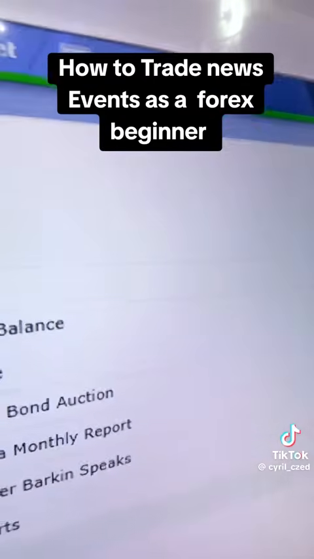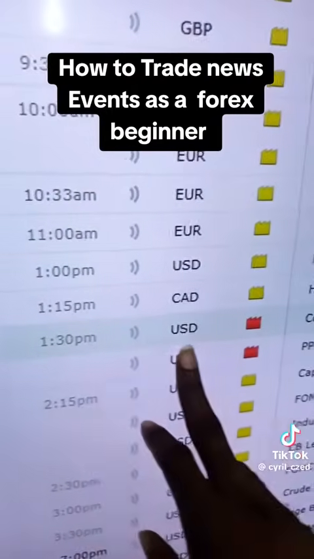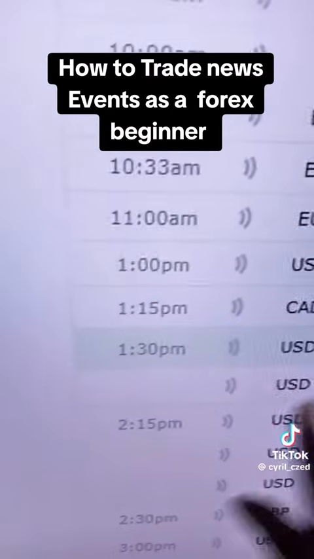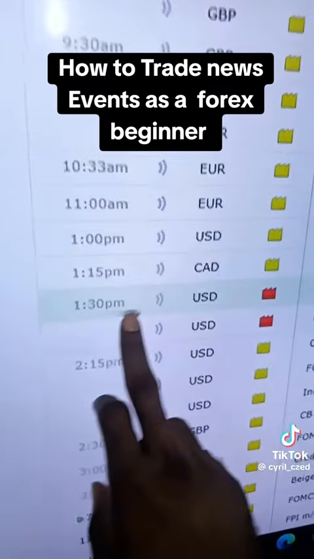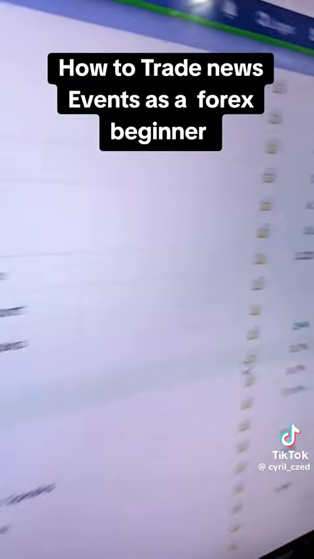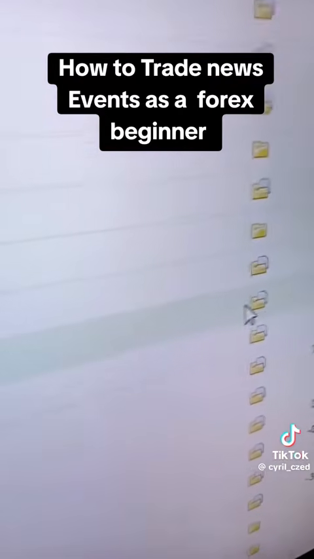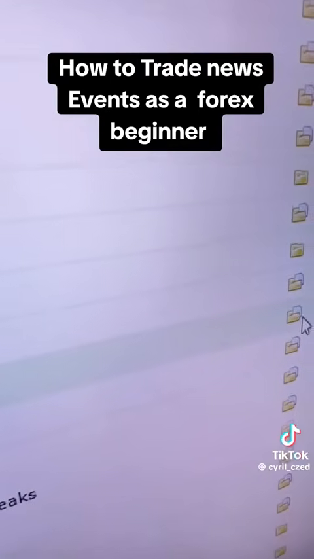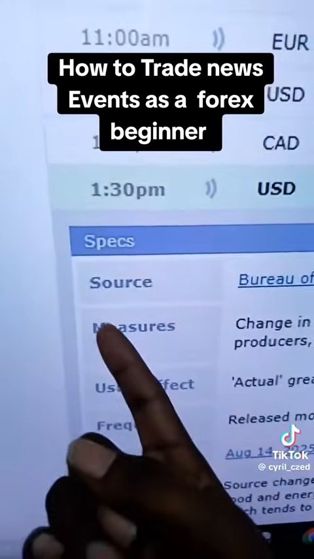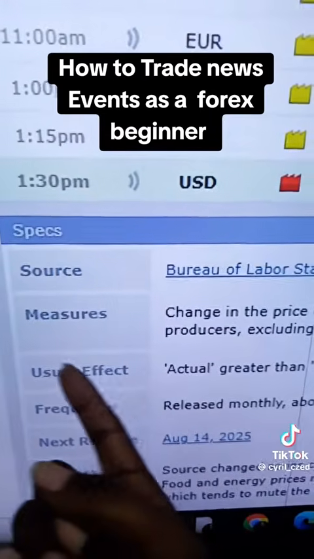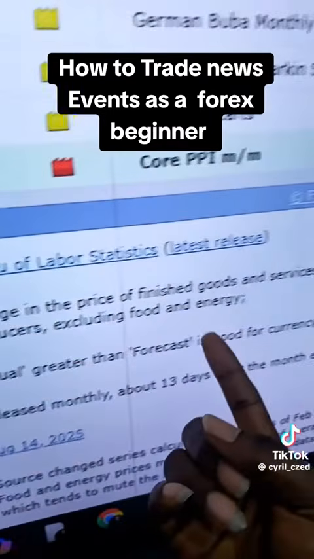Now let's go to the details, because this is where you read how it happened. I'm going to be using USD because that's the one we have the recent high impact news on, at 1:30 p.m. Now we open the details for the USD news. When you open the details, this is where you need to put more attention. This usual effect says actual greater than forecast is good for currency.